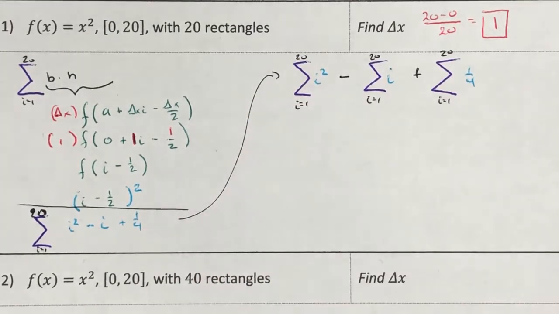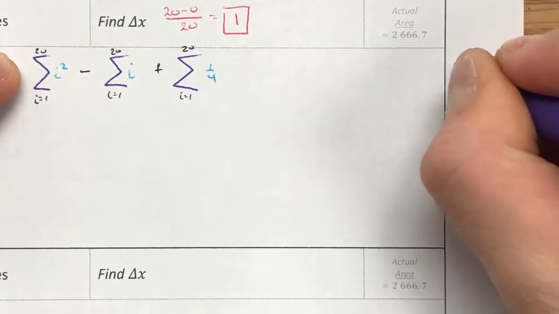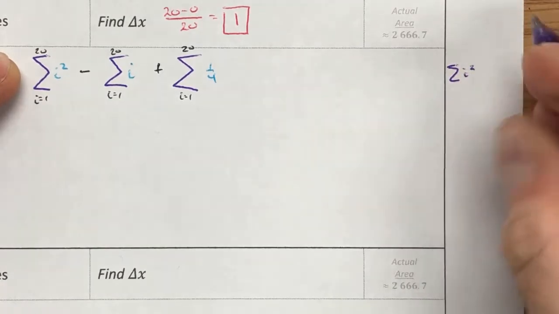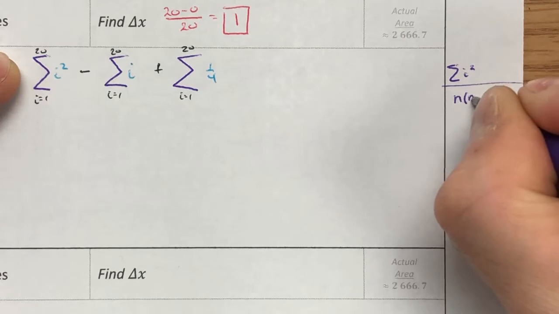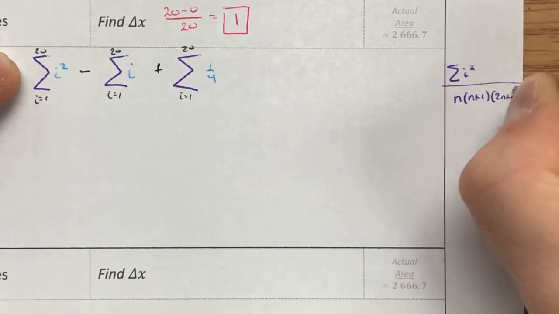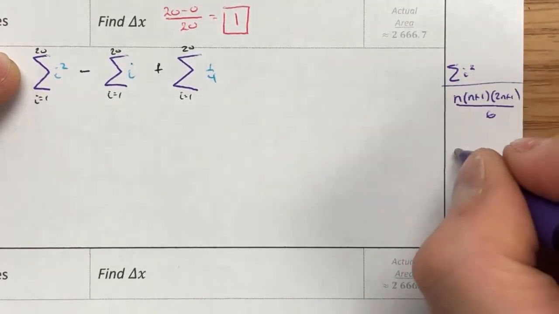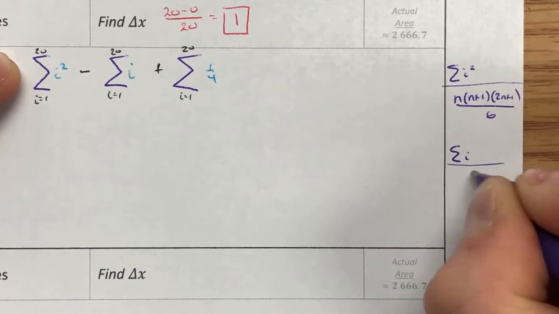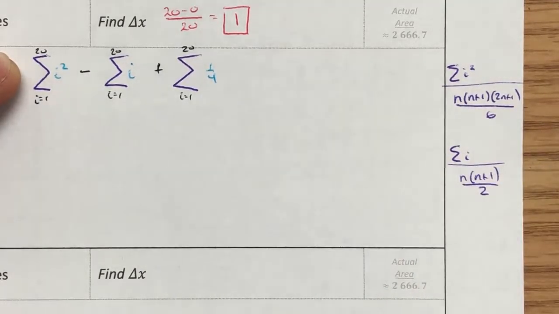We know the formula for i squared. Let's actually write these out to the side. The sum of i squared is going to be n times n plus 1 times 2n plus 1, all divided by 6. We know the sum of i is going to be n times n plus 1, all divided by 2.